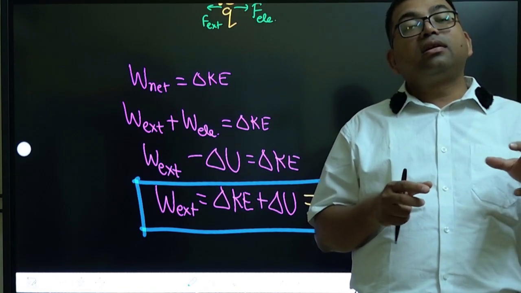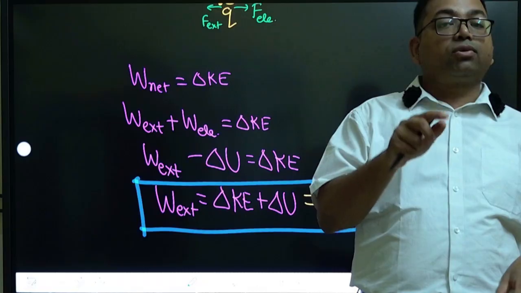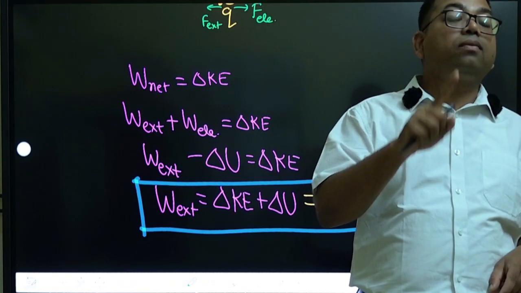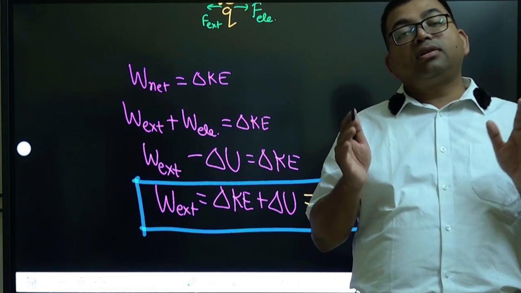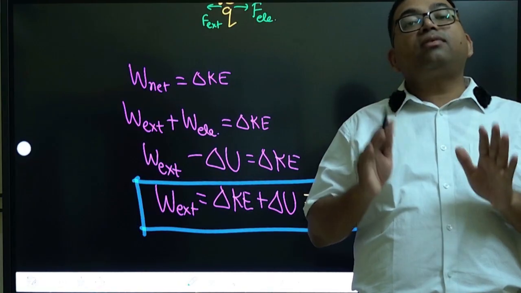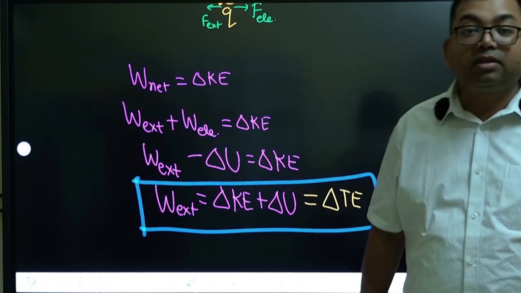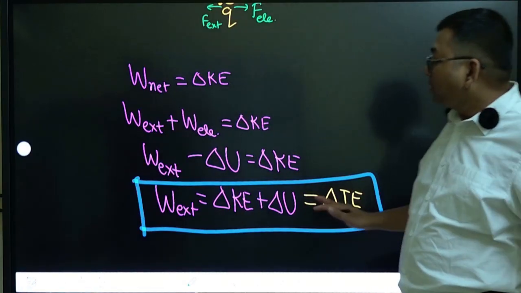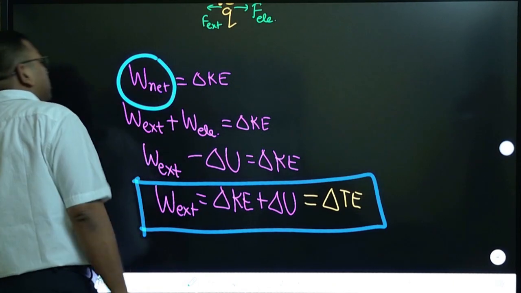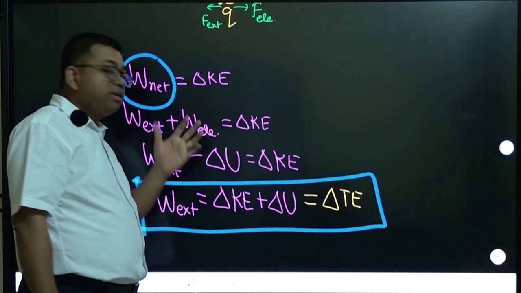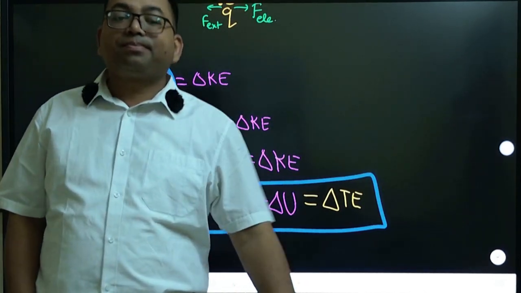It is not the work done by the net force, because net force is a single force which is the sum of all forces. And if you calculate the work done by the resultant force, that is going to be different in many cases. That is why the work energy theorem is the sum of all the work done by this plus work done by that. Are you clear about this? Yes.